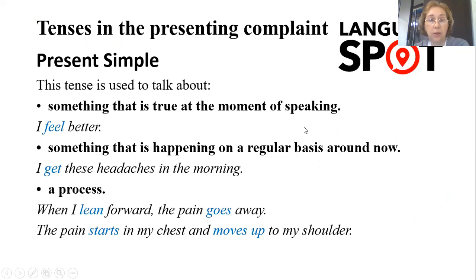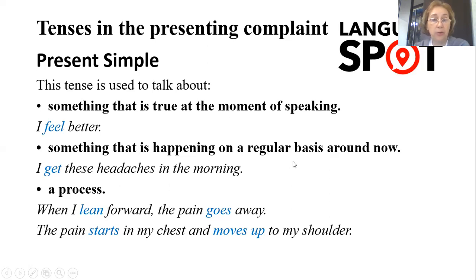Now, this is just a summary of what you've said with some examples about the present simple. This tense is used to talk about something that is true at the moment of speaking, like "I feel better," the patient says.